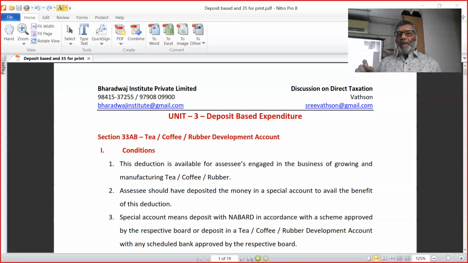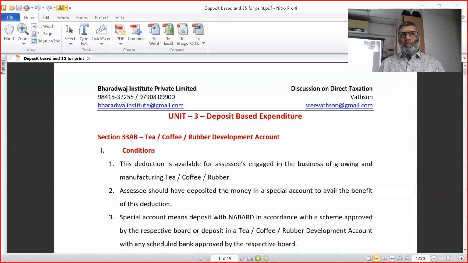Section 30 is expenses in relation to building, 31 is expenses in relation to plant, machinery, and furniture. 32 is the long travel depreciation, where we saw various aspects of depreciation like normal, additional, proportionate, unabsorbed, and depreciation for electricity companies. The straight line basis gets importance only at the time of sales, not anywhere else.